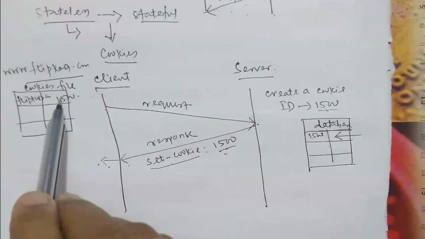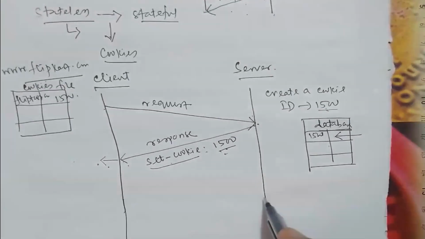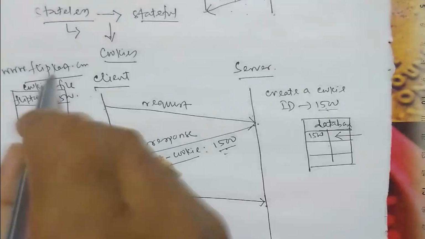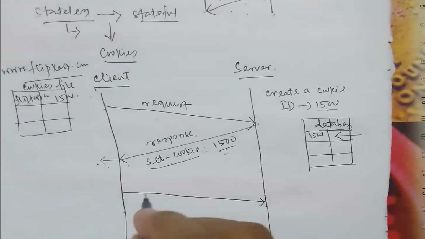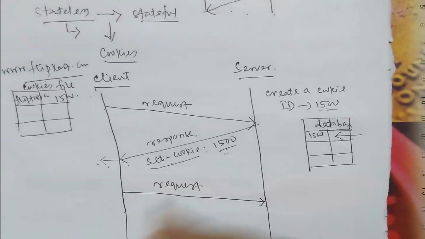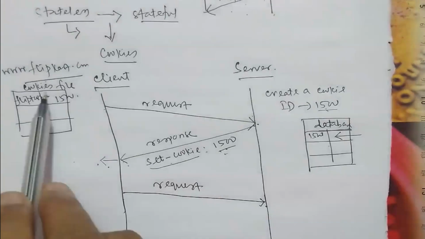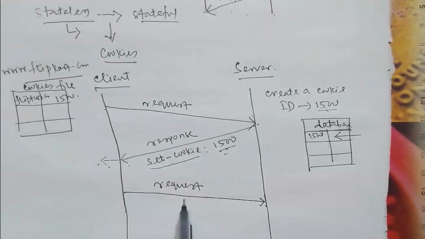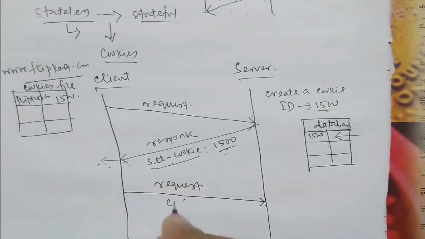Next time onwards, let's say I again want to send a request to the same flipkart.com. So I send another request. If you have saved the cookie, then without your knowledge, this cookie information is sent along with the request, in another header field called Cookie.